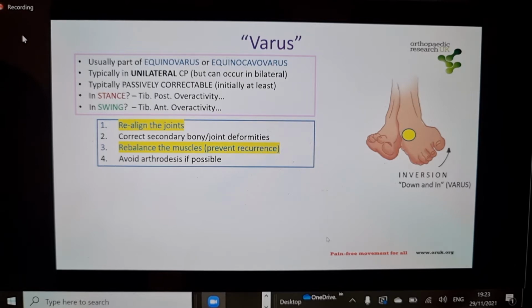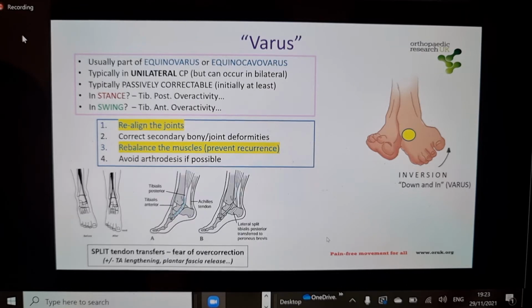And why? Because we're obeying two of those rules about what to do with foot deformity. We can realign the joints, but we're rebalancing muscles to prevent recurrence. So essentially, we have the principle of tendon transfer. It really comes into its own when we're dealing with varus problems. We tend to do it in cerebral palsy slightly differently to what we do in the club foot. In the club foot cases, we tend to transfer the whole tendon, particularly the tibialis anterior.